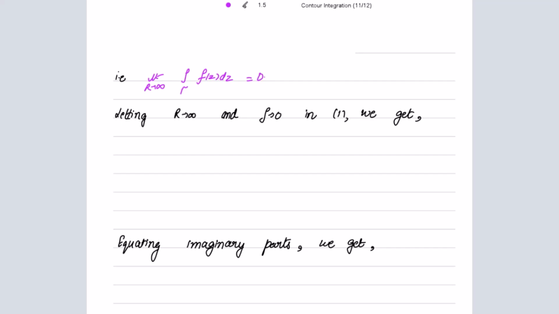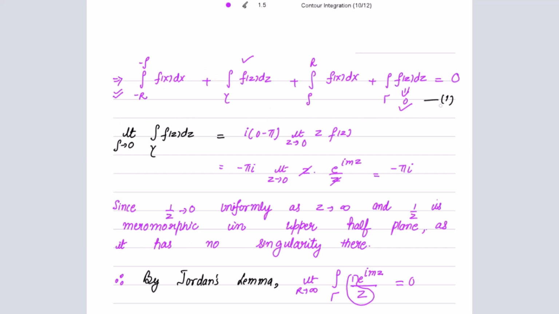So in equation 1, letting R tend to infinity and rho tend to 0, the first integral is from minus infinity to 0, then I put the value of the integral over gamma, minus pi iota, which I have calculated already, and then the integral from 0 to infinity.